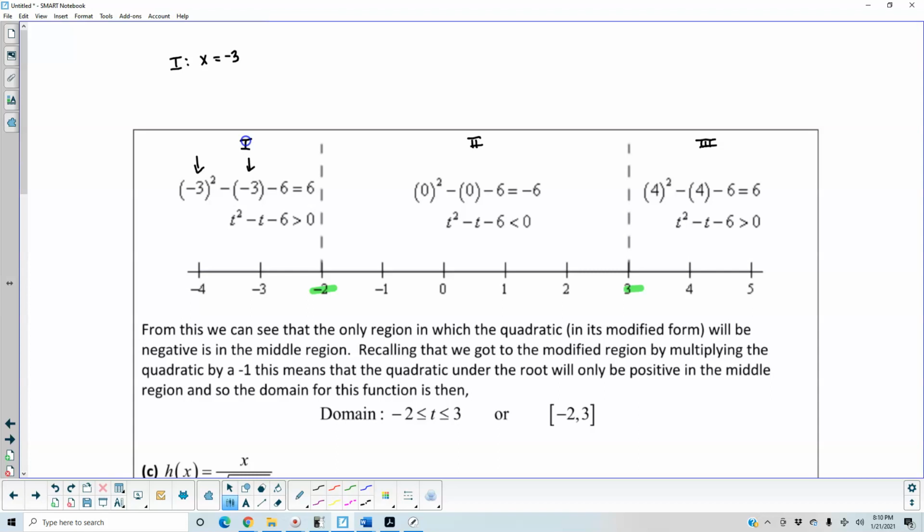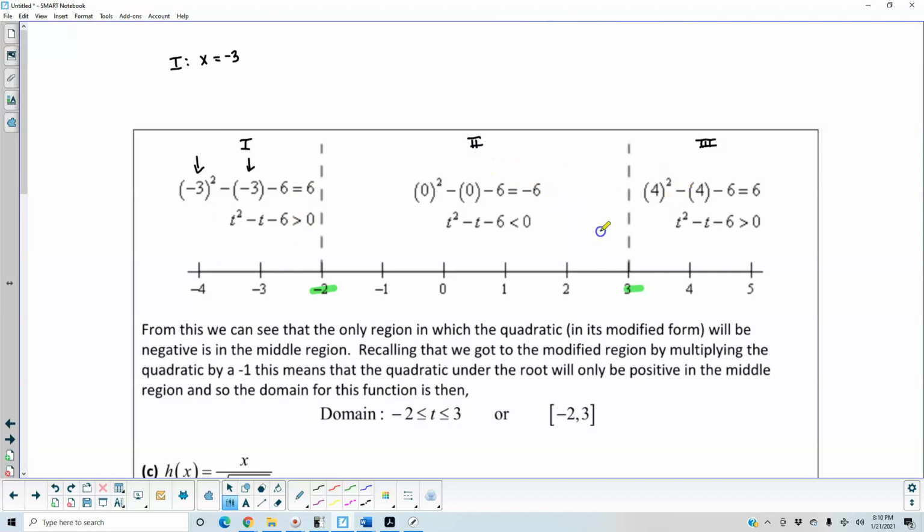And we want to find out whether it's going to be greater than or less than 0. So if we plug in negative 3, we get 9 plus 3 minus 6, which gives us 6. And therefore, this 6 is greater than 0.